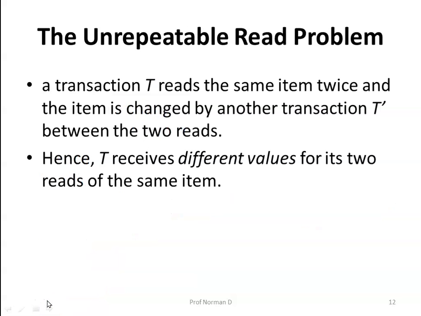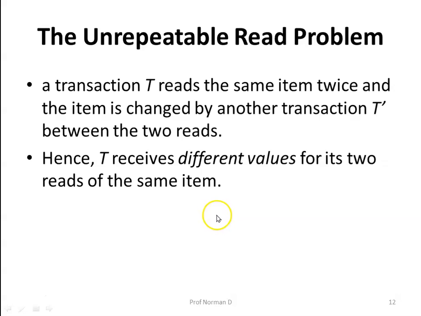And finally the unrepeatable read problem. Now what is this unrepeatable read problem? A transaction T reads the same item twice and the item is changed by another transaction T' between the two reads. Hence, T receives different values for its two reads of the same item.